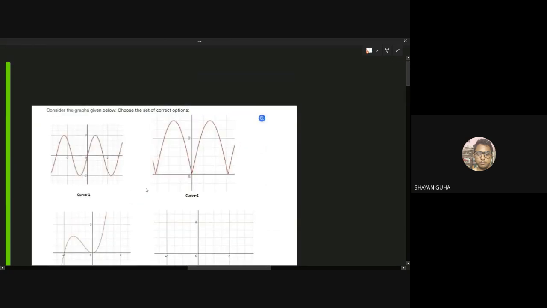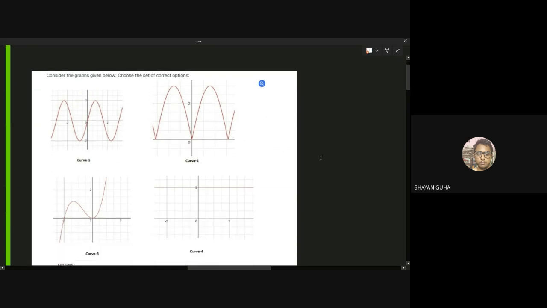Now, what does it mean that at particular points the derivatives are equal? We know that the derivative of a function at any point gives us the slope of the tangent.